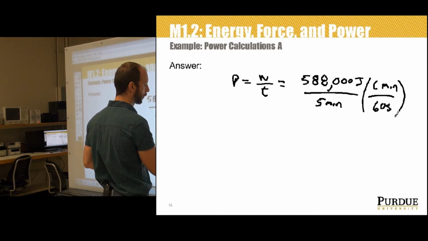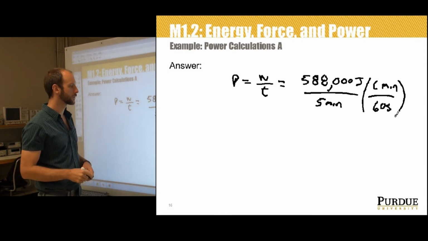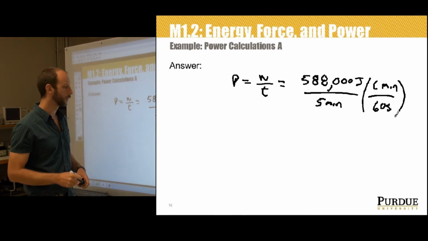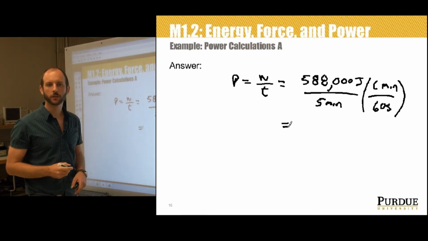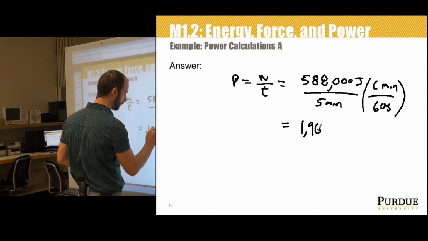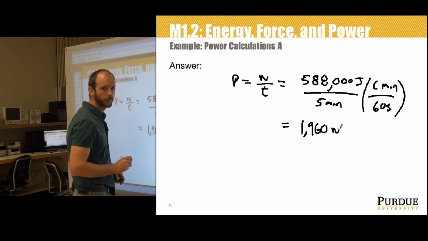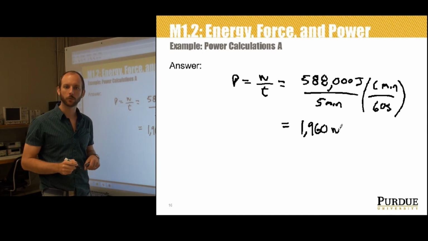This is just converting the minutes over to seconds. So what that results in is 1,960 watts. So that's the output power required to move the water.